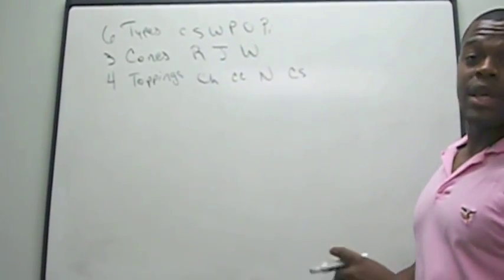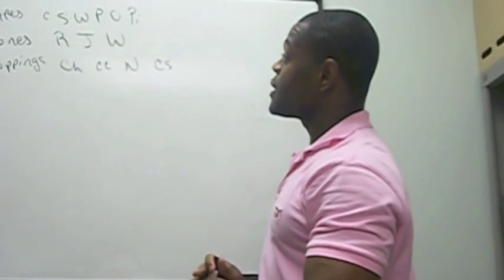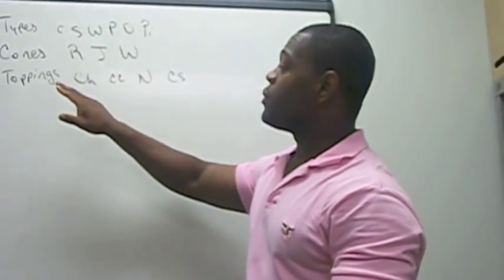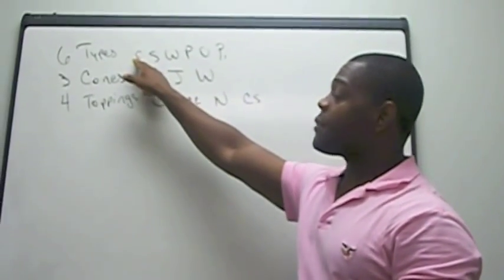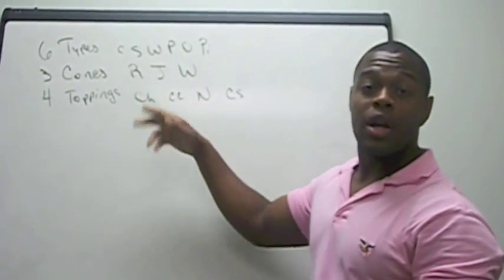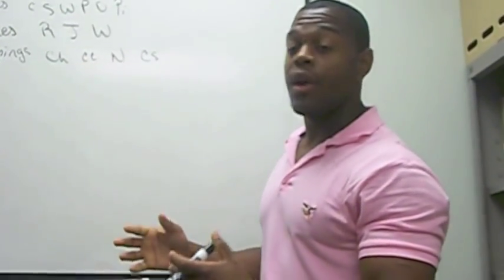Now obviously it would take far too long for us to say this type of ice cream with this cone, with this topping, this type of ice cream with this cone, and that topping, and go on and on and on. These would take far too long.